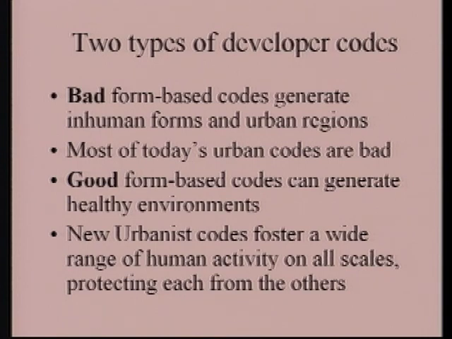What is the criterion for judging what is good or bad? Well, the criterion is a mathematical one. A good code will foster a wide range of human activity on all scales, and each of those activities will have to coexist, and some of the activities will have to be protected from the others. And this is what the new urbanist codes, and here I refer to a wide variety of codes, this is what new urbanist codes try to do.